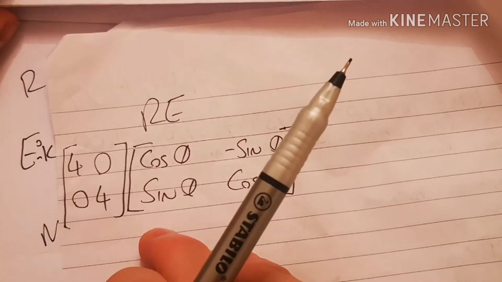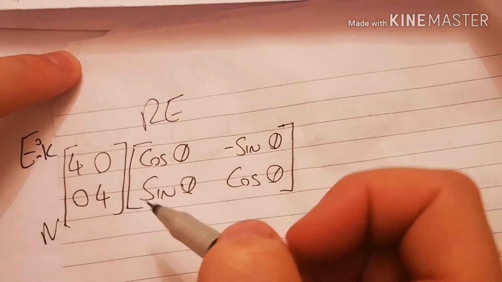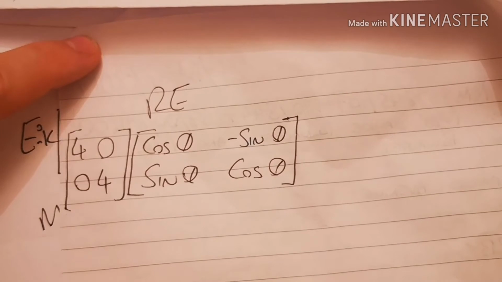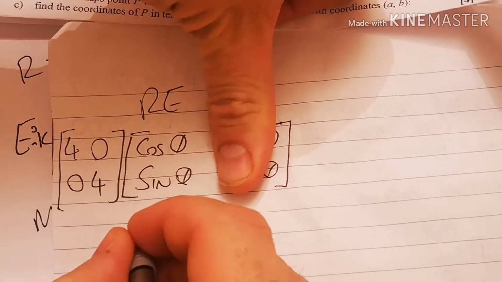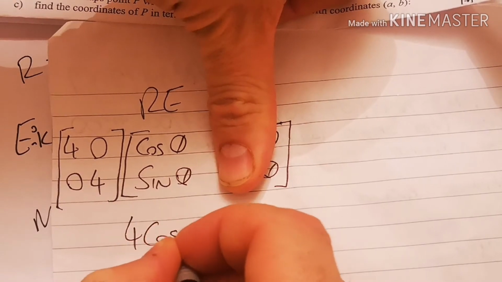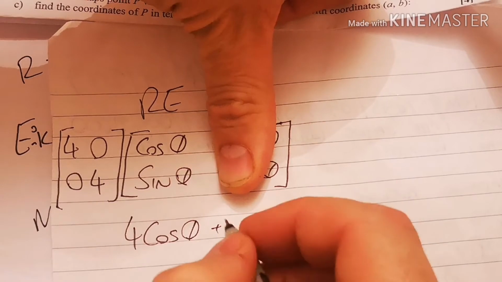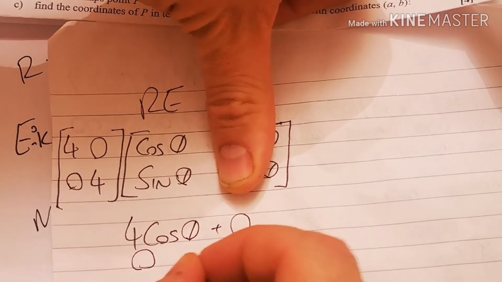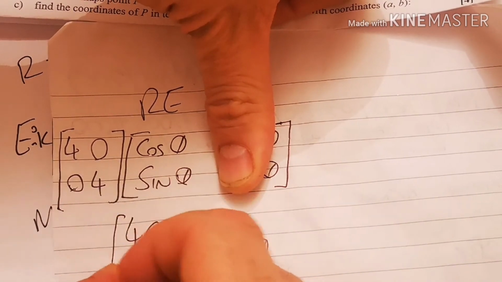Okay, now to work out theta, I've got my two matrices in the order the question asked for, which was R then E. That's my enlargement, that's my rotation. I'm going to multiply them together. I always mess up with this, so be careful. So I always cover this bit here up. So it's 4 times cos, which means 4 cos theta, plus 0 and sine, which is just 0. My bottom bit I'll do, which is 0 times cos theta, which is 0, plus 4 times sine theta.